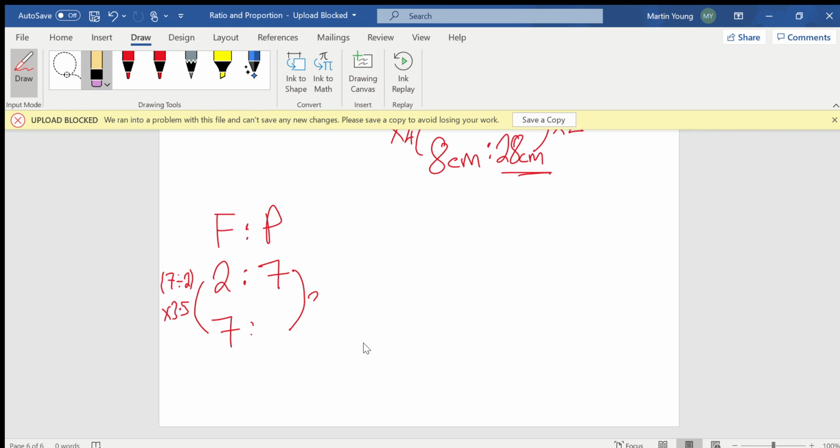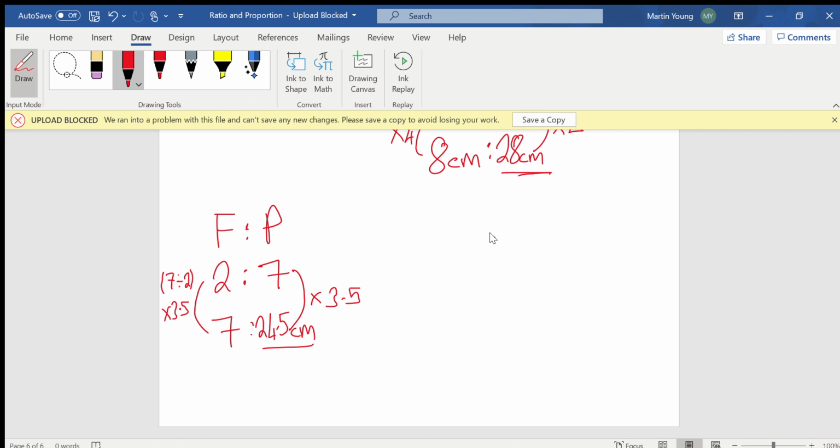So I'm timesing the 7 by 3.5. This is a calculator question, so I can just put that in the calculator, and I'm going to get 24.5. Now what you could do is times the 7 by 3 and then half the 7, because that's what the 0.5 would do, and then add it on. But calculator question, so we don't need to do that.